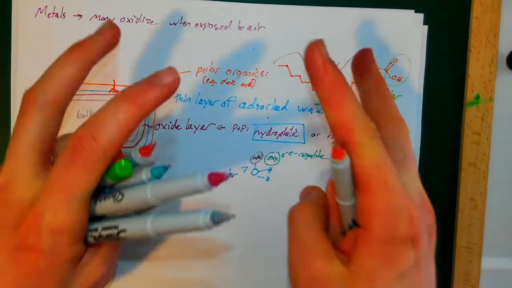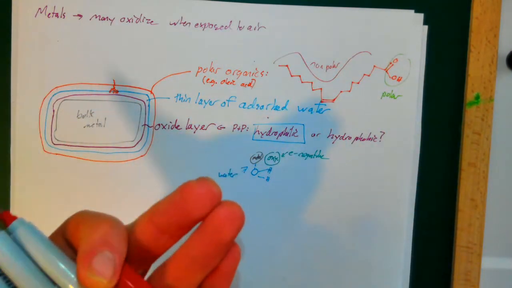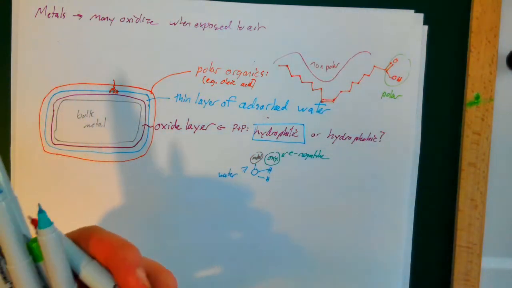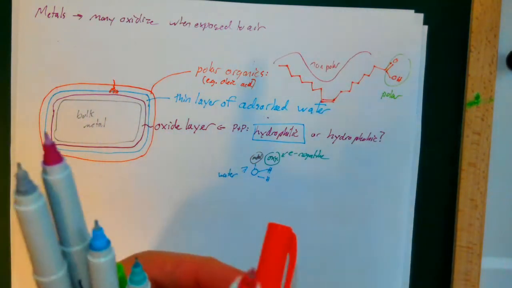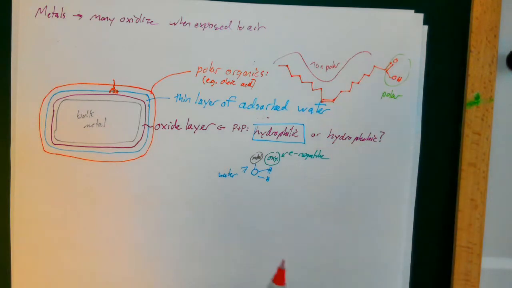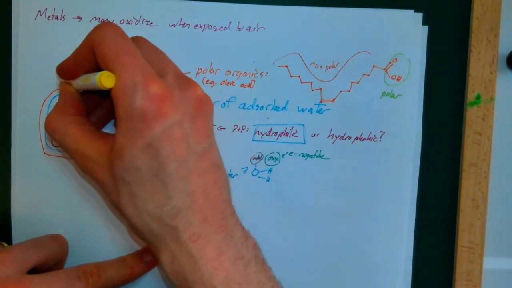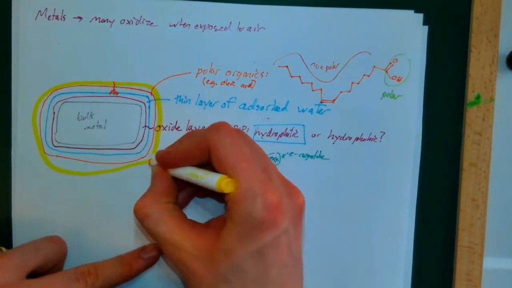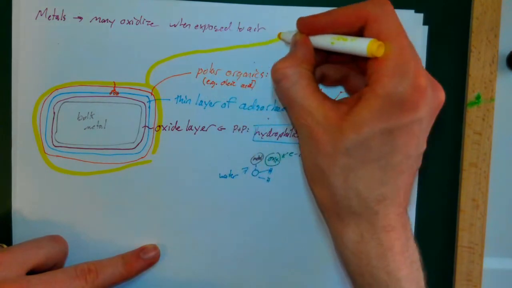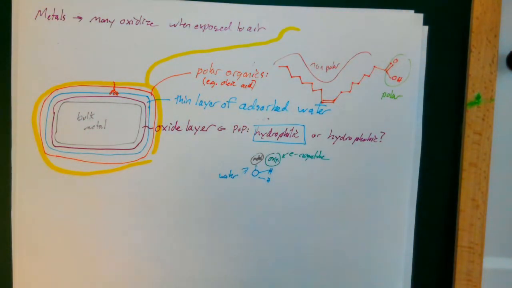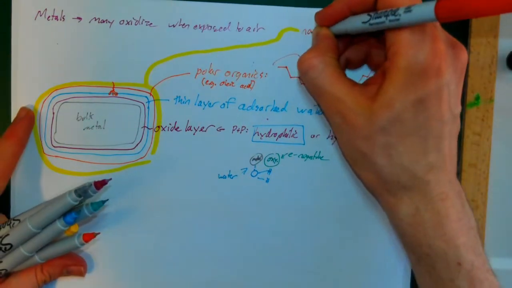And well, what just loves to stick to the nonpolar part? Well, nonpolar organics oftentimes end up around the edge. So what might we have next? We might have on the very top nonpolar organics.